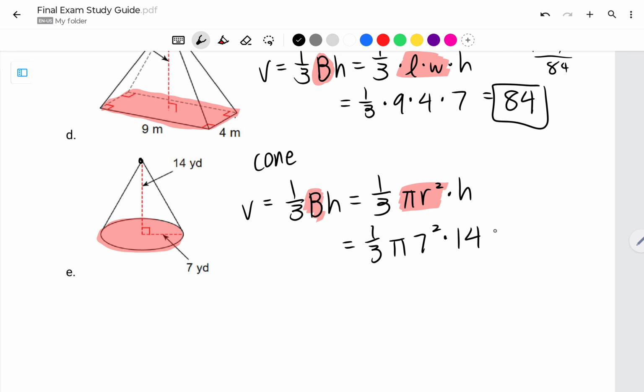Height is 14. So if you plug this in, we should get 1 divided by 3 times pi times 14 times 49. 718.4. Okay.